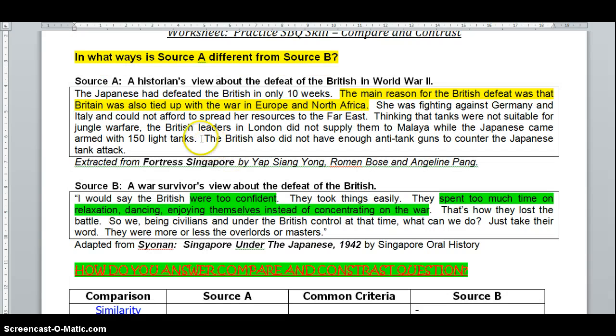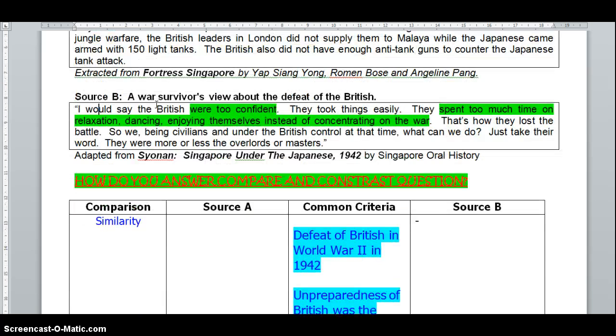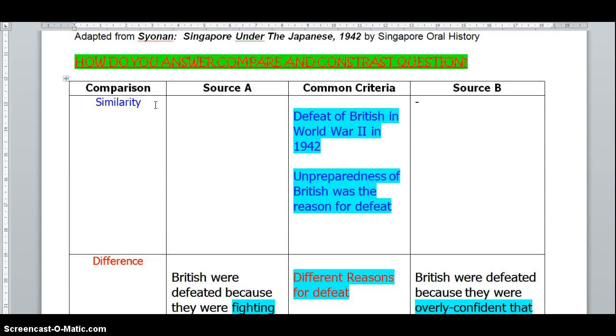So, as I was reading the sources, you notice that I have highlighted parts which I thought were important for my answer. Now, let's take a look at how you do a comparison question by looking at this table.